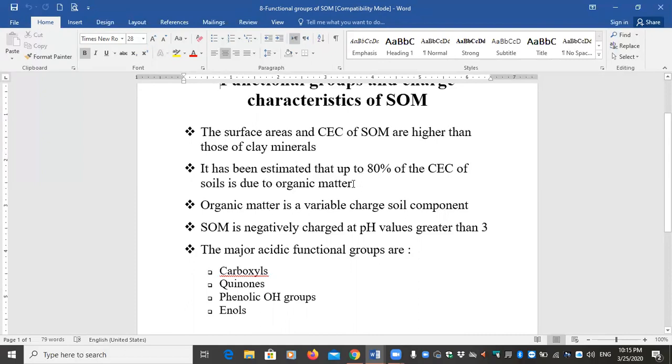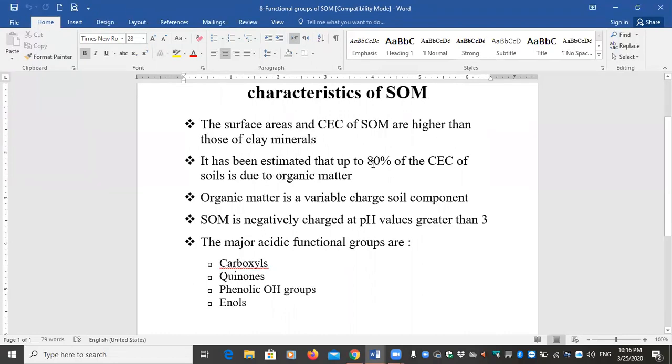Very rarely, maybe in areas like Ajloun or some of the forest, you can find limited areas with higher amounts of organic matter. But in general, soils of Jordan have about 1 to 1.5% organic matter. That little amount of soil organic matter can contribute up to about 80% of the CEC of the soil. So that tells you how high their cation exchange capacity is.